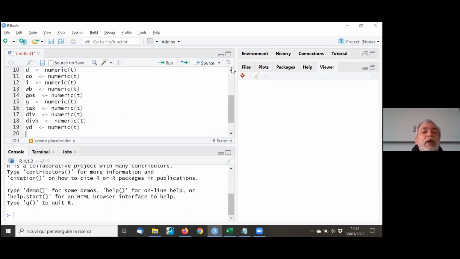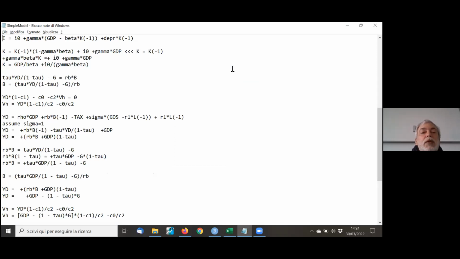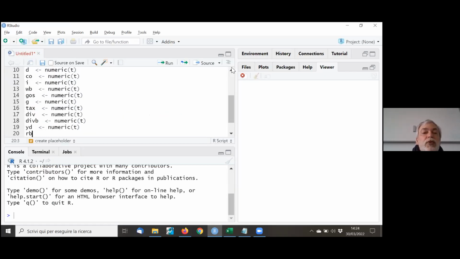Then we have our parameters. Parameters also need to be specified in this way, because they will be constant for all the periods, right? Yes, so they can also be just numbers. But you can also do it this way. It should work either way, right? Yeah. Now we have the interest rates: RB, RD, RL.